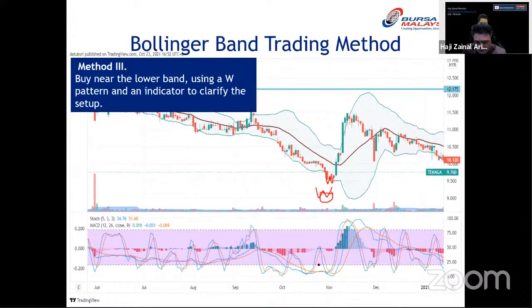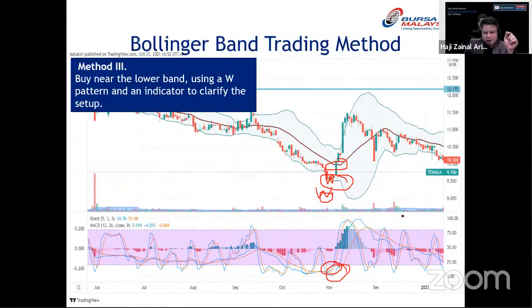You can see the MACD shows a reversal, a change of trend, and this is also a buy signal from the stochastic. So this is a good reversal. Of course, you can wait until it crosses the 20 days, but this is an early signal.